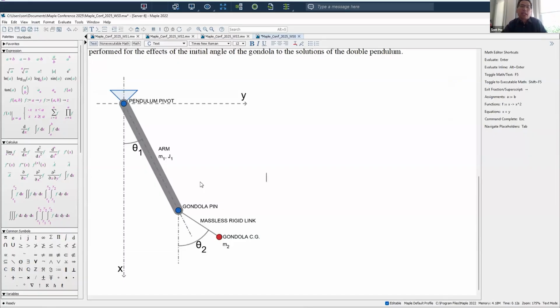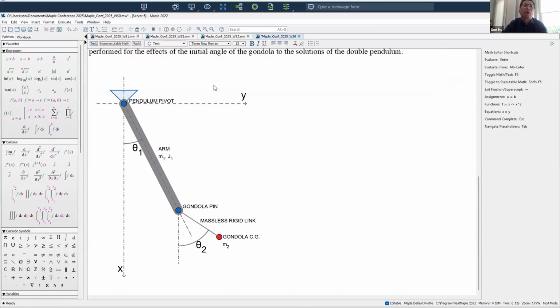Newtonian mechanics is great, but when you have more degrees of freedom and a full mechanism with multiple parts connected to each other, then it can be cumbersome. It's still doable. So that's where we can use Lagrangian mechanics to deal with that.